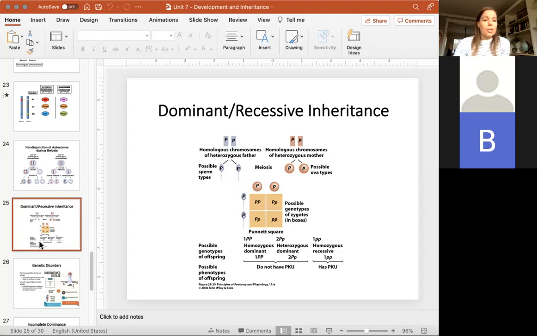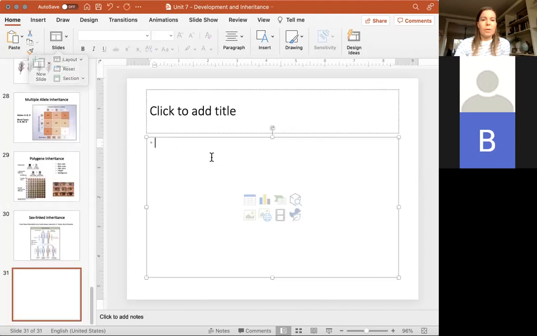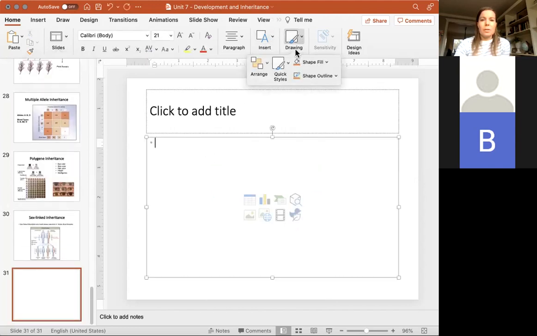Let me do just an example with you. This is going to be tricky. I'm trying to use my tools to draw here.